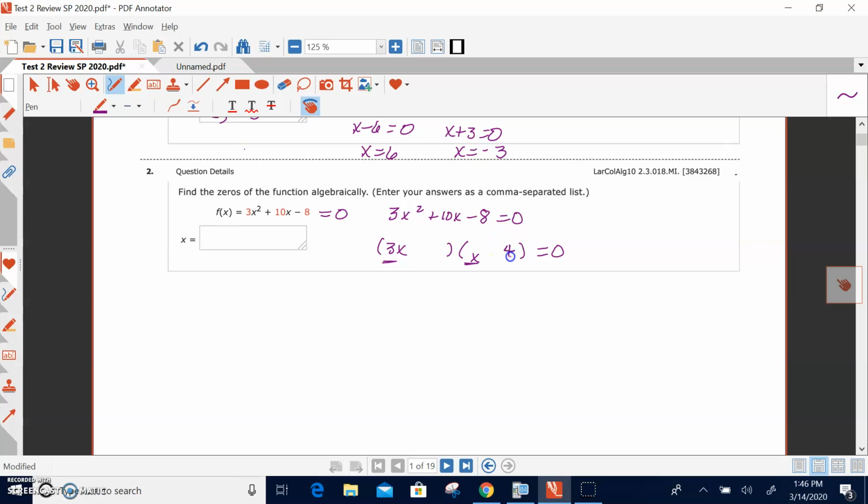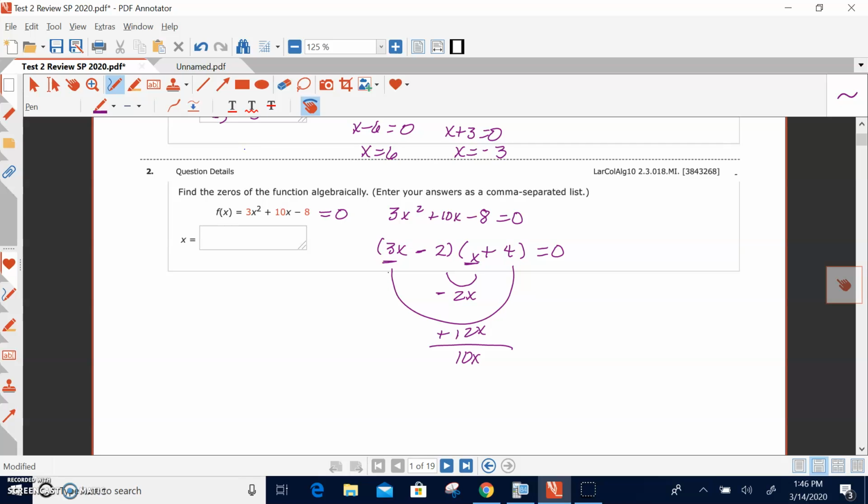And I'm going to put the 4 here and the 2 there because what I just noticed is the 2 times the x would be a 2x, and the 4 times the 3 would be a 12x, and I can get a 10 out of that if the 2 is negative and the 12 is positive. So if I make the 2 negative, the next part, the 4, positive, that would give me a negative 8 on the end, and then a positive 10 in the middle.